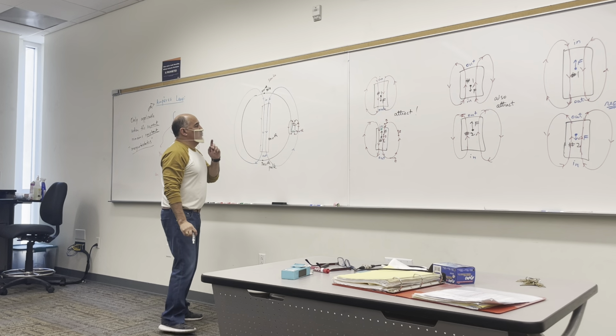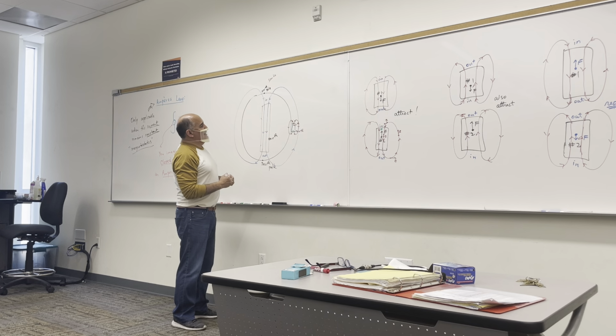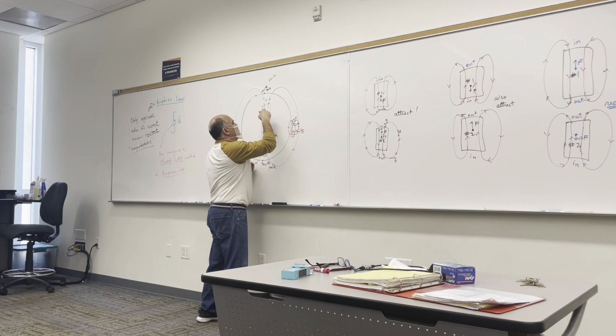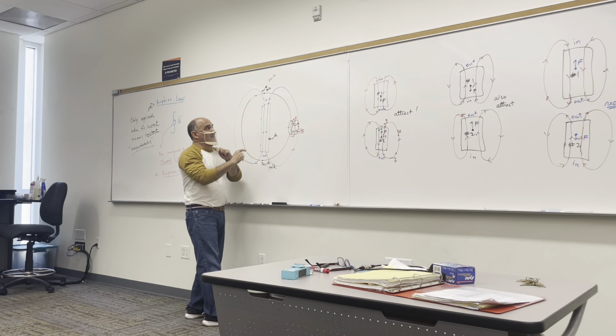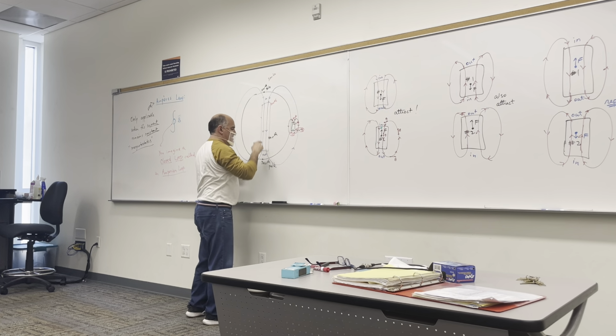So where the magnetic field lines go in, that goes with south, right? And where the magnetic fields come out, that goes with north. So that means that for the Earth magnet, this is in, this is south. And this one will be north.